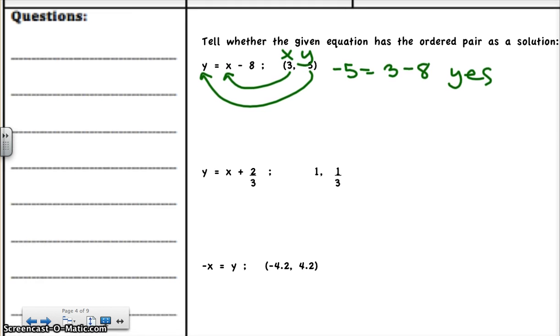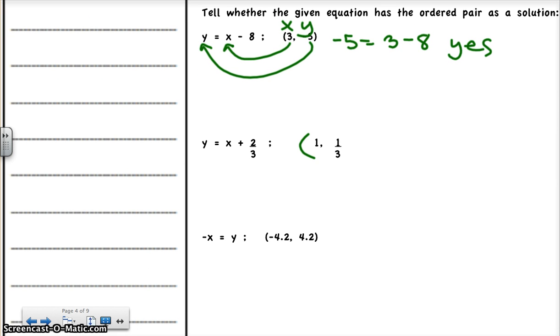All right. Now I have this point that I didn't put in parentheses. I'm sorry, that's my bad. (1, 1/3). Oh, fractions, how you ruin our lives. But it's going to be okay. This is my x. This is my y. My x is going to go here.